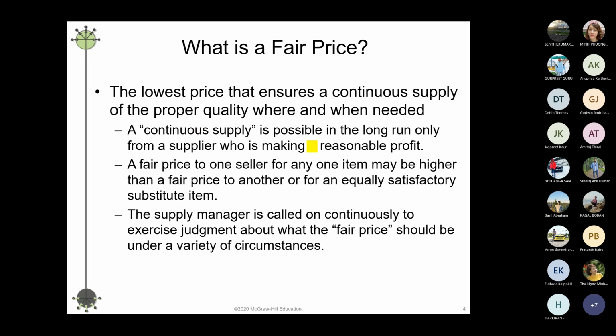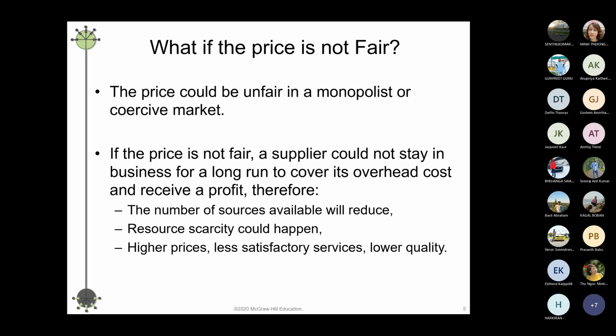But in this case, we are not talking about that. We are also talking about the importance of a fair price to the buyer. Okay, the buyer will also benefit from a fair price in the long term. And we showed you why it is important. There are 3 reasons for that. Please review that as well.